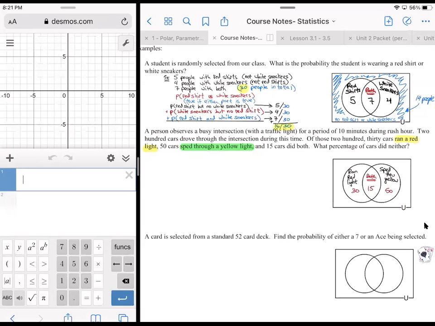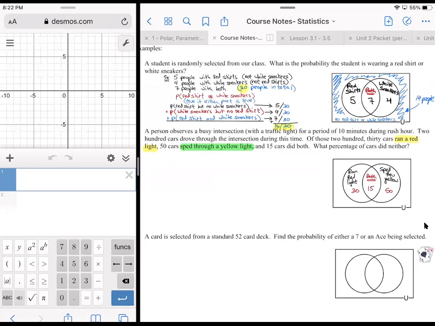The way this question is intended is that those 30 cars only ran the red light, right? So there was no yellow, the light had turned red, then they ran it. The 50 cars that sped through the yellow were like, I think I can make it, I think I can make it. And maybe they did, maybe they didn't, right?